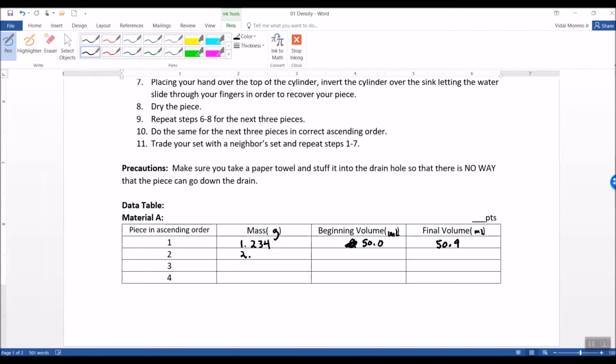And I'm just totally making numbers up. 2.549. Once again, my beginning volume was 50.0. My final volume is 51.4.